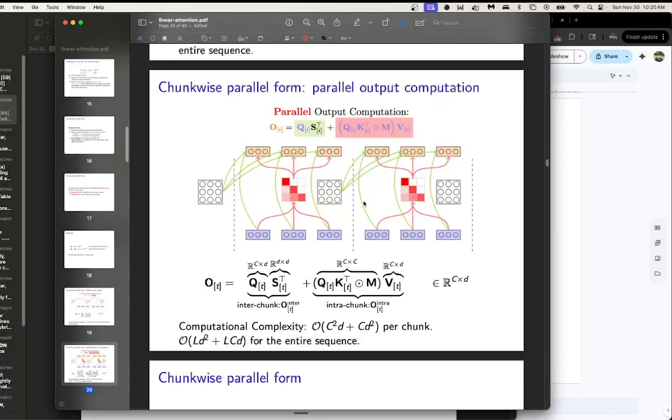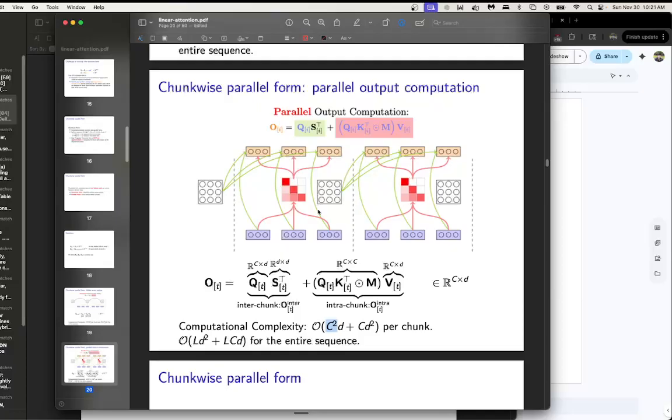Finally, if we look at the parallel computation now, as I mentioned before, the intra-chunk portion here is still doing a full QK transpose, which is quadratic. But instead of being quadratic with respect to the full sequence length, it's quadratic with respect to the chunk size, C squared, which is much more favorable, because the chunk size will usually be set to something much, much smaller, like 64 or 256.